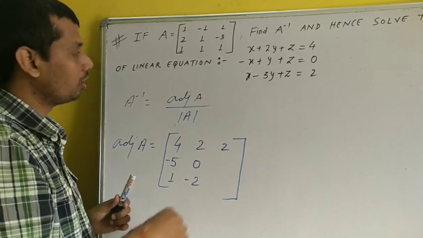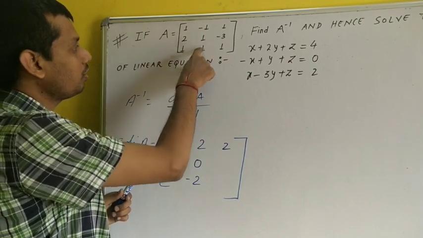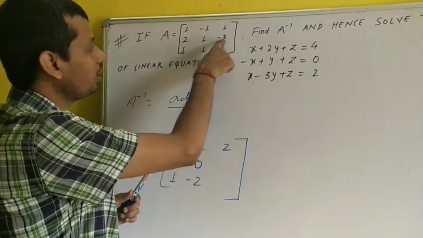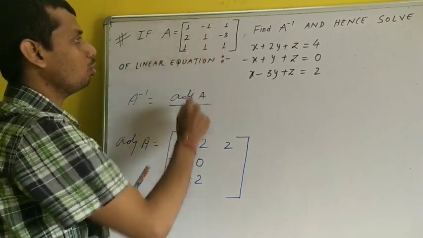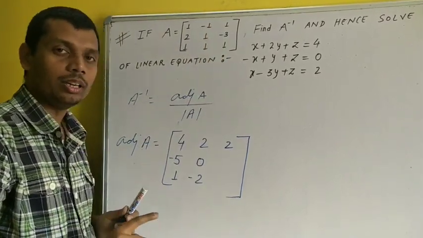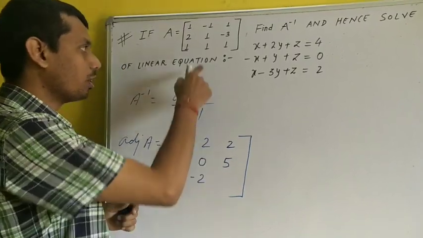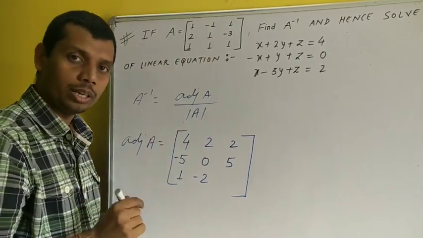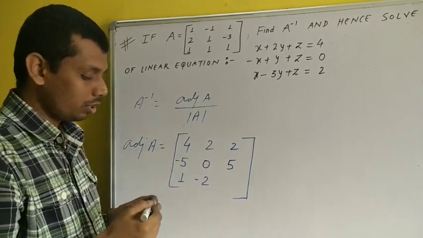Now next to it, the positional sign of this element is minus. Now we will not consider these two. Minus 3 into 1 is minus 3, and minus 2, so minus 3 and minus 2 will be minus 5. But the position sign of this element is minus, so minus into minus will be plus.